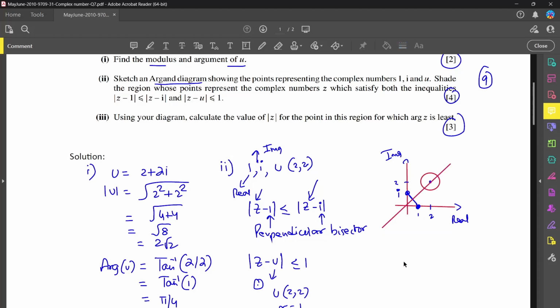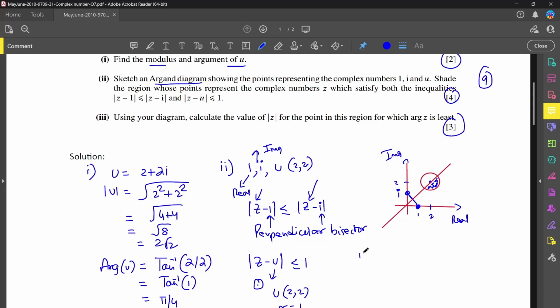That's a perpendicular bisector. So here, the points that you're looking for are within the circle and also close to 1. So that's the region you're looking for. That's the second part of the question.